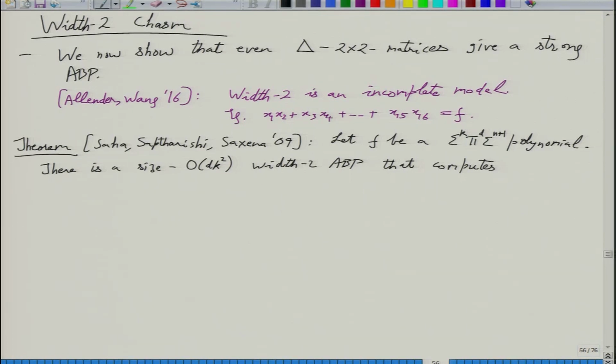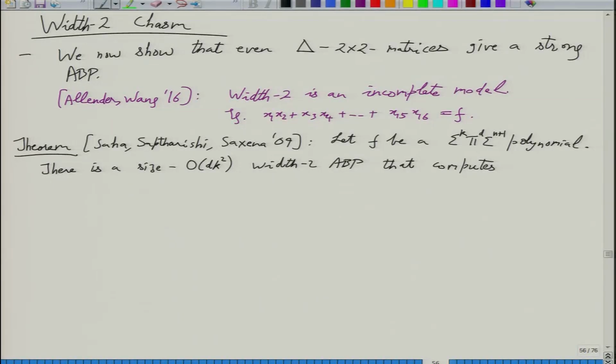We cannot say that, because sigma pi sigma is a complete model. And just the previous counterexample has a sigma pi sigma circuit, but it cannot have a WIT 2 ABP. So what we will say is some multiple of F is computable. F times L is computable, where L is not too difficult.